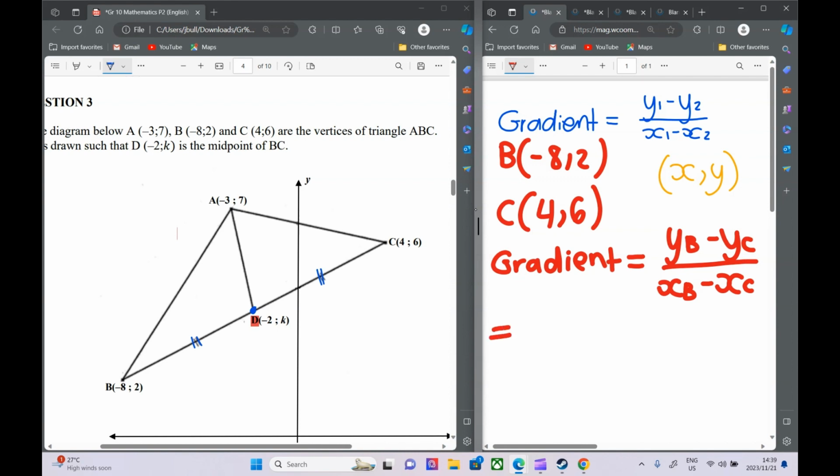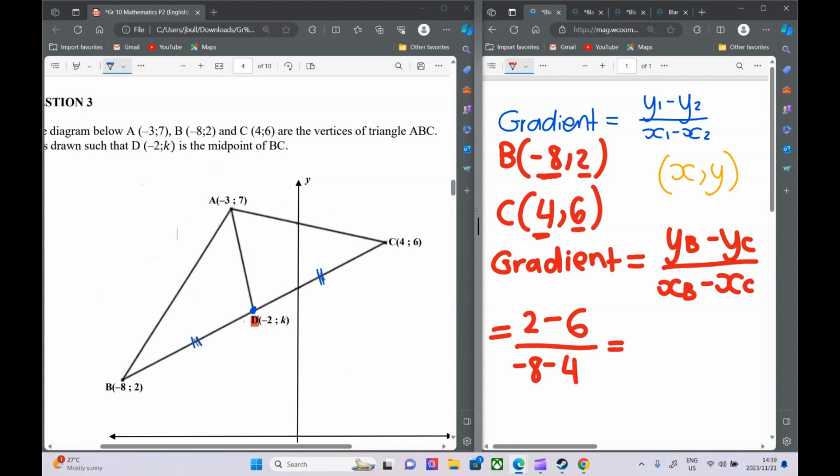So YB is the Y value of B, which is this 2. YC is this 6. It's the Y value of C. Okay, so we're looking at Y values first, so take away 6. At the bottom, we want XB. So XB is this -8. XC is 4. So we just put it in like this.